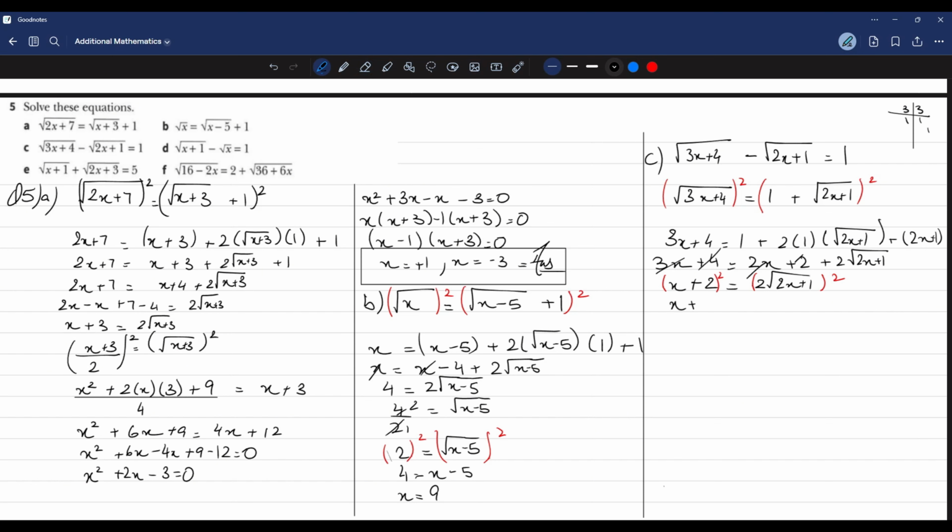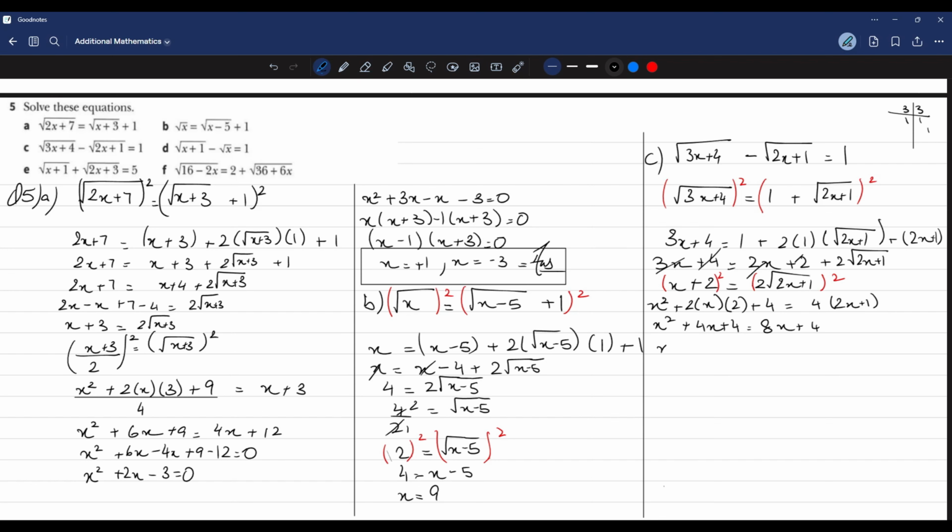So x plus 2 whole squared is going to be a squared plus 2 multiplied by a multiplied by b plus b squared, which is 2 squared, equals 4, multiplied by what is under root 2x plus 1 whole squared? It's equal to 2x plus 1. Simplify this: x squared plus 4x plus 4 is equal to 8x plus 4.